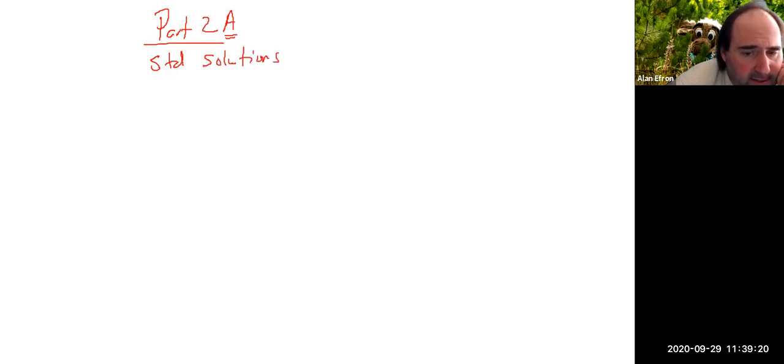And what we're going to do in part 2 of this experiment, actually, I think it's part 2A, is set up a bunch of standard solutions. These standard solutions are made up of this reaction, which is the same reaction throughout the entire experiment.